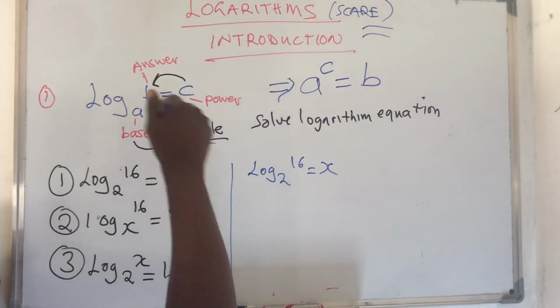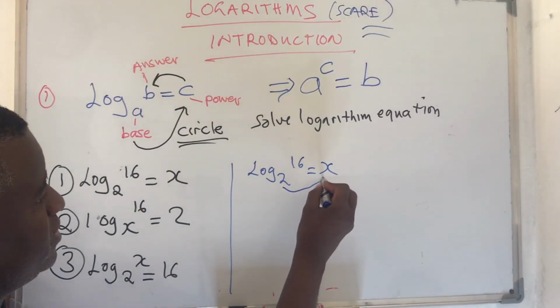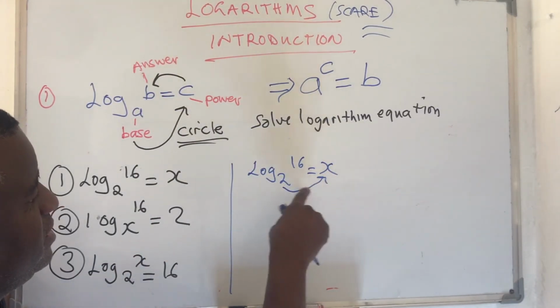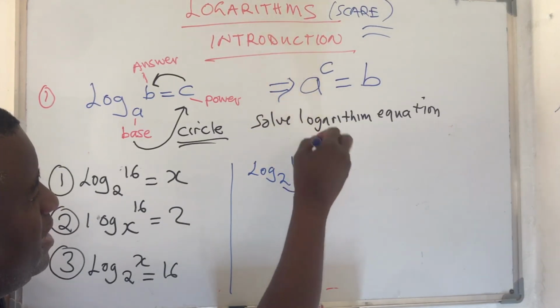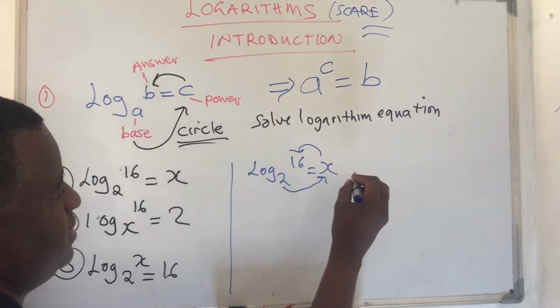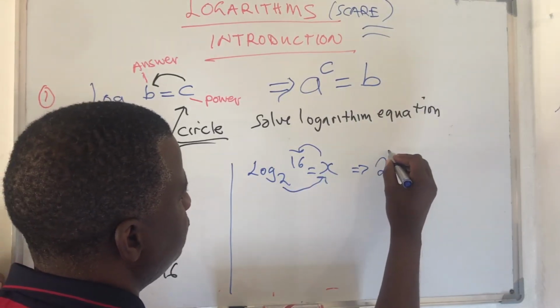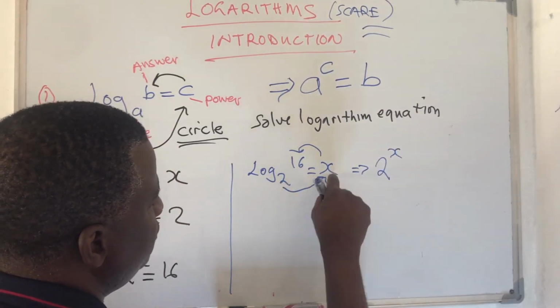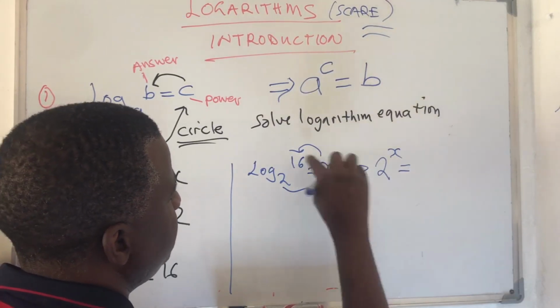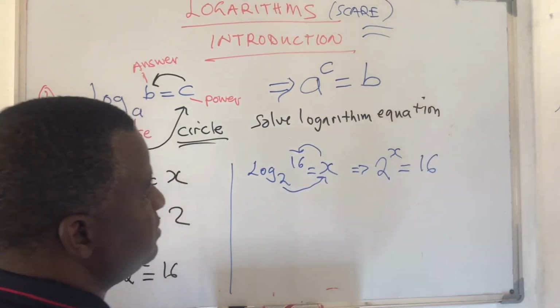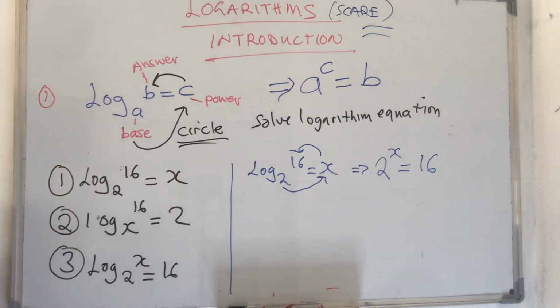Where you are going to say 2 is going to be raised to that power, and then it will be equal to 16. So you are going to say this expression is the same as 2 to the power x. That is 2, you raise it to the power x, will be equal to the answer, which is 16.